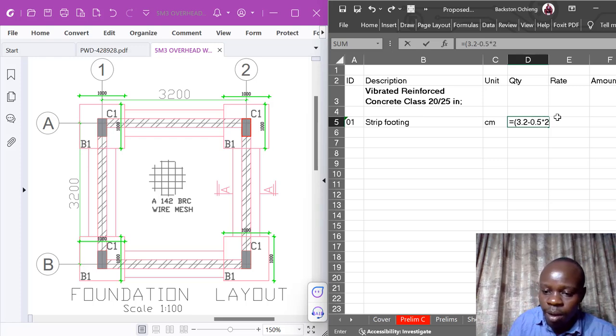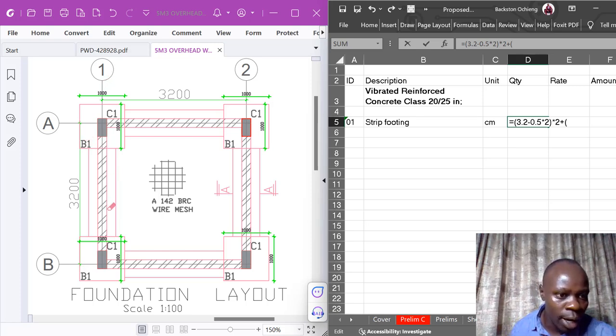That is the length on a long grid A from 1 to 2. So we should basically multiply this by 2, because what we have on the top at grid A is the same as what we have on grid B. Then we're going to go to grid 1 and grid 2. So I will just add here and then have the brackets indicating there.